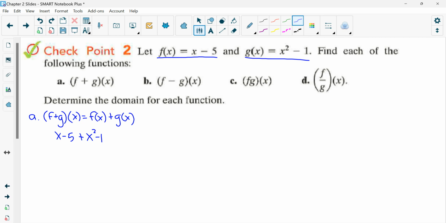So you need to combine any like terms that you might have.